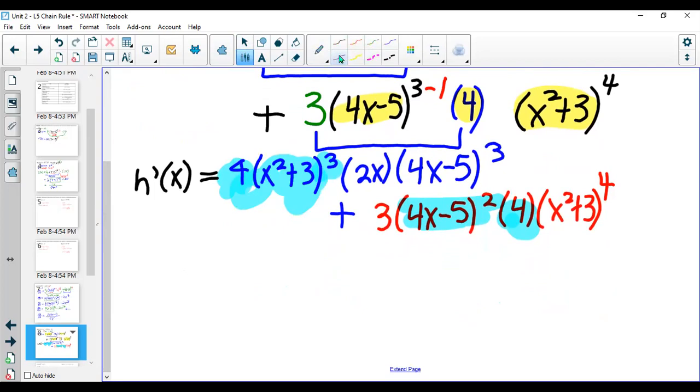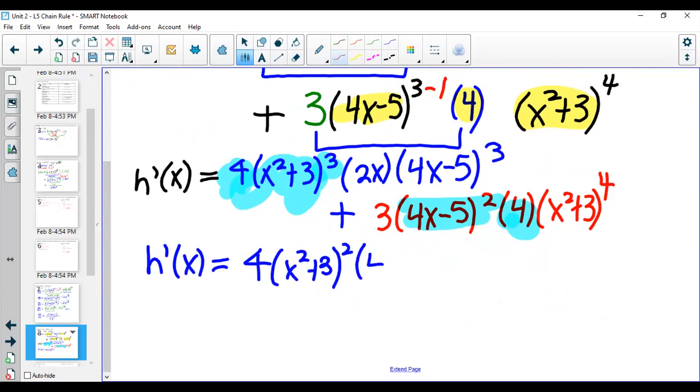So I'm going to have h prime of x is equal to, with the greatest common factor, 4 times x squared plus 3 squared, 4x minus 5 squared.